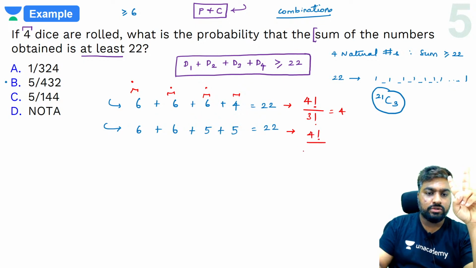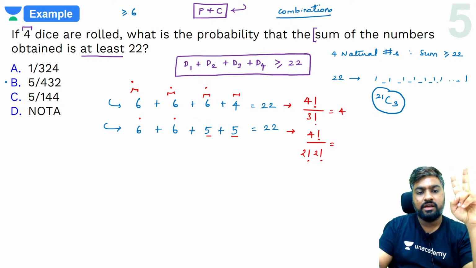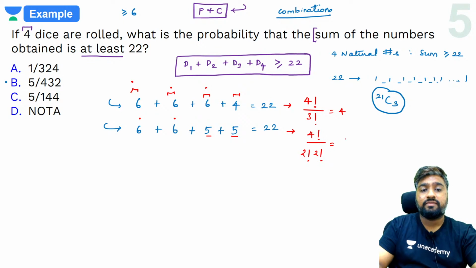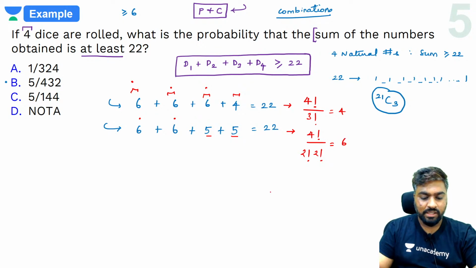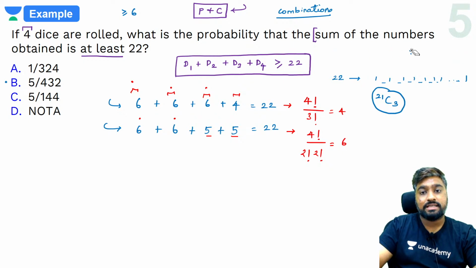But 2 6s are duplicate, ये दोनों duplicate है. So you remove 2 factorial. You will have 4 factorial by 2, which is 12. Got it? Please don't use the earlier method here because there are restrictions, and it will become more complex.